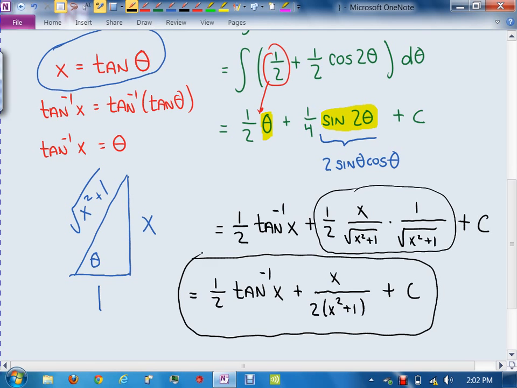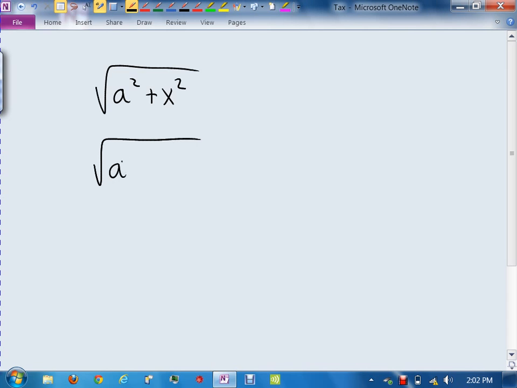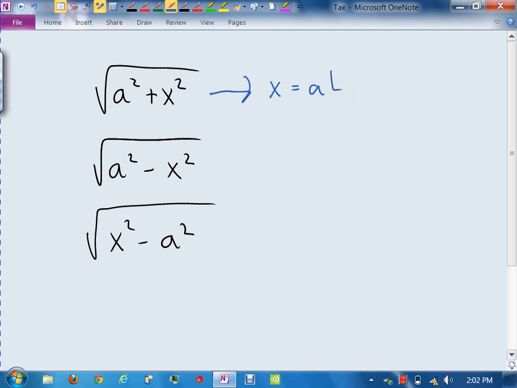What have we done? Just to recap. We've done problems where we have a squared plus x squared, and we've done a squared minus x squared, right? The only other possibility is x squared minus a squared, right? If it was the first one, we made the substitution x is equal to a tangent theta.